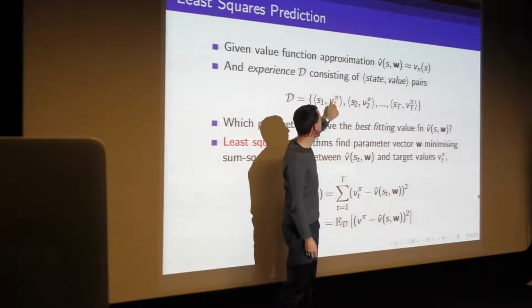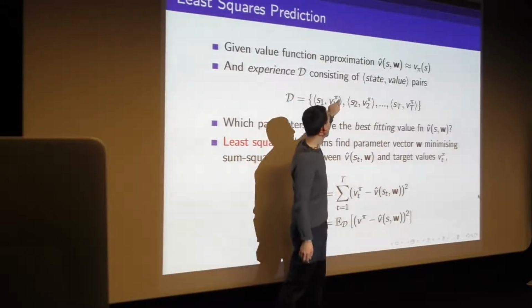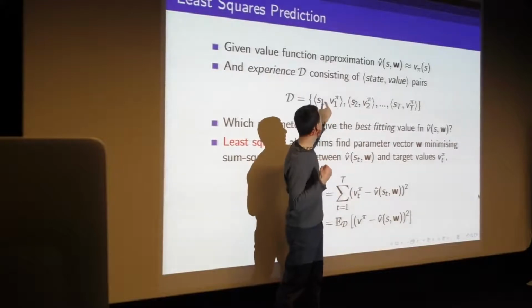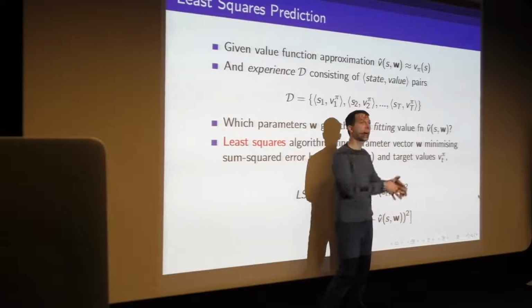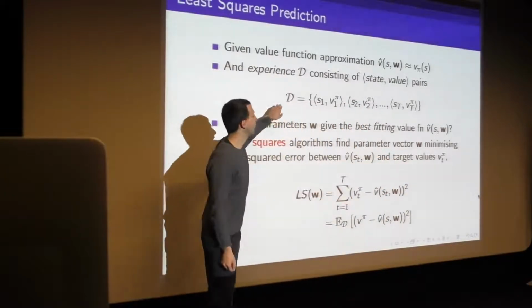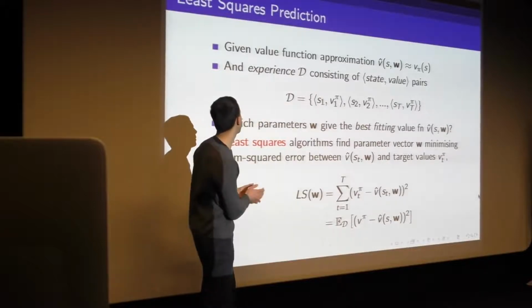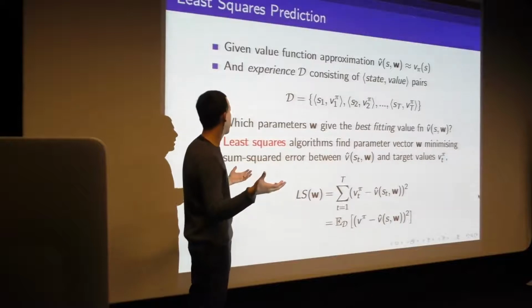This thing is just whatever our target is. We're going to call it V1 pi. That's the oracle consulted for state S1. We consult the oracle for state S2, and it gives us another value. That gives us our training set for all of the data that we've experienced. We remember that whole data set, and now the question is, what's the best fitting value function for this whole data set?